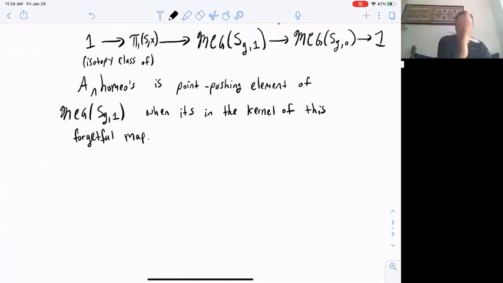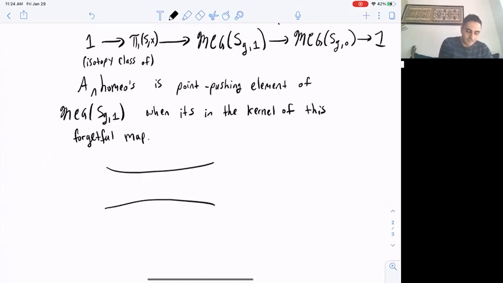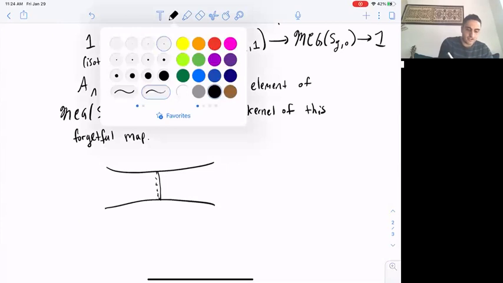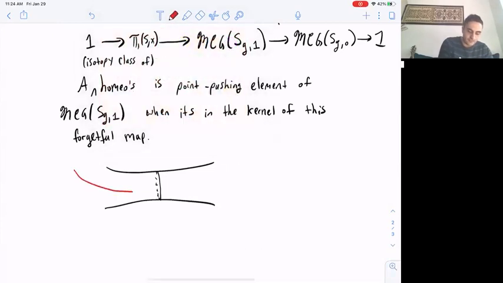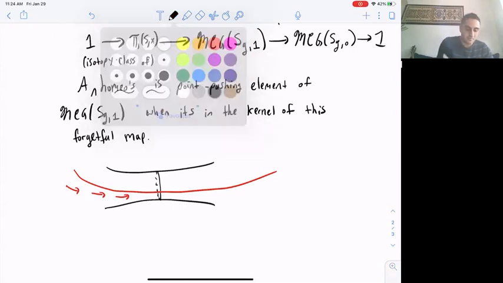So if I imagine a little piece of my surface, and let's say this red curve is the curve in the surface that I've elected to drag the puncture around. When I'm doing the dragging motion, when the arrows arrive at this black curve, the black curve is going to come with me.